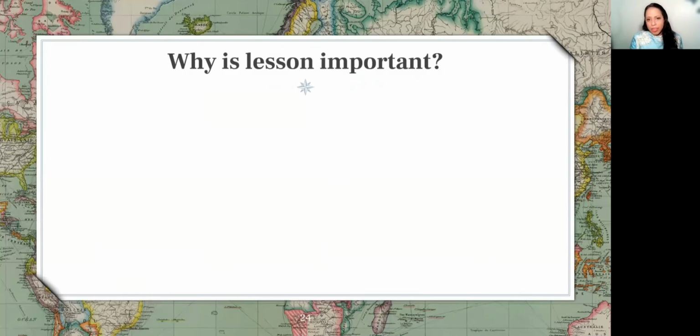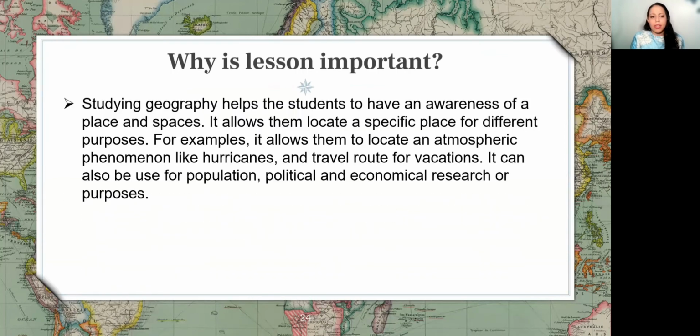And why do I think this lesson is important? Studying geography is important because it allows the student to have an awareness of place and time. It allows them to locate a specific place for different purposes.